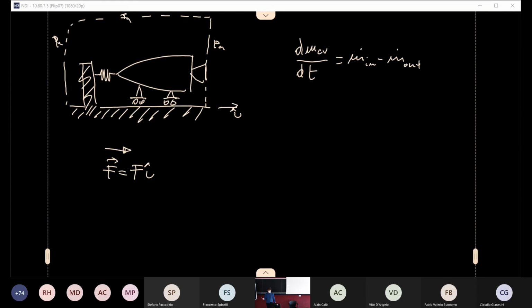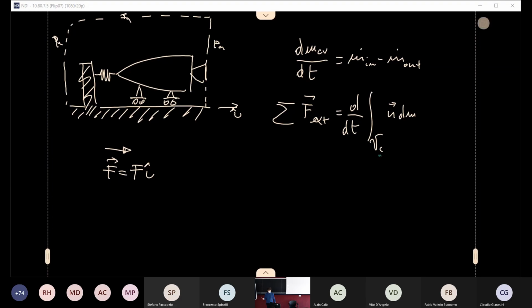So if we consider the sum of all applied external forces, this will lead to a change, let's say here U M. This is for the whole control volume.